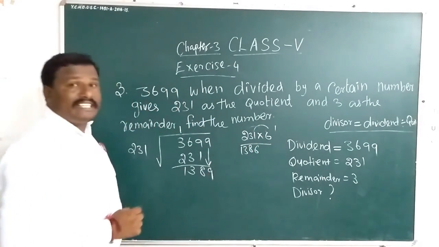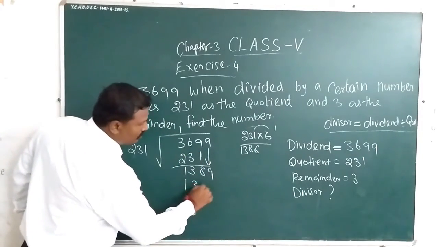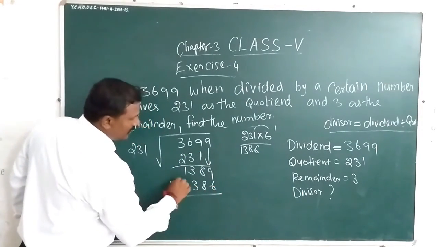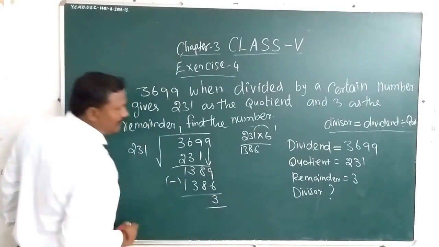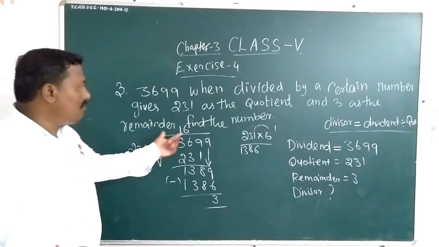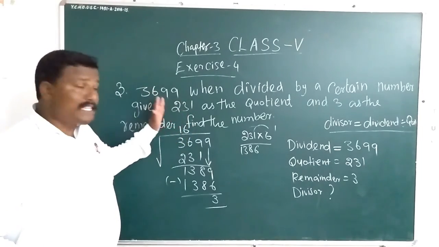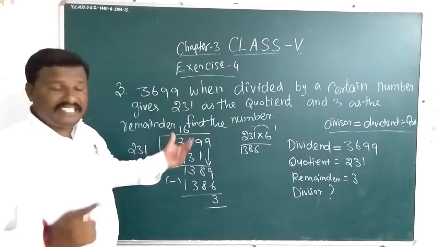So 1386 is the 6 times we can multiply. 1386. If you subtract, remainder 3. So now 16 as a quotient.